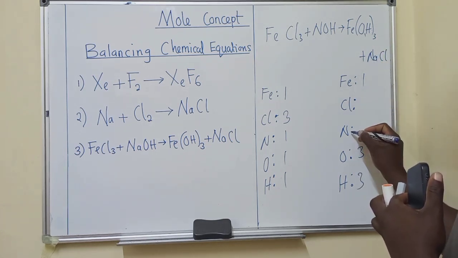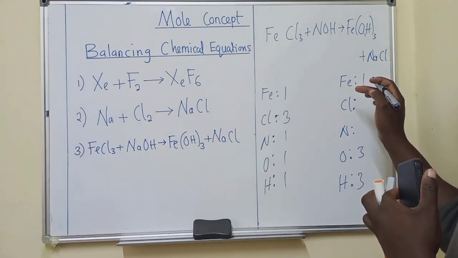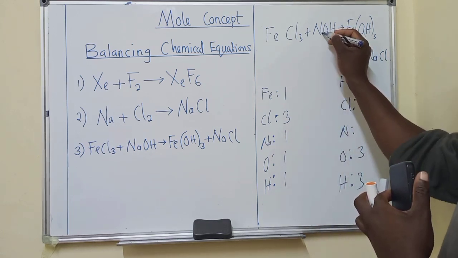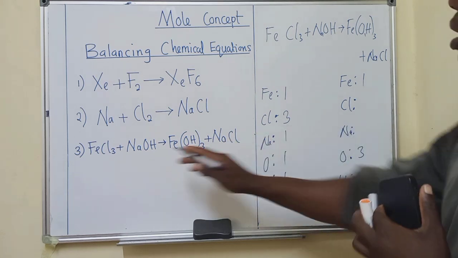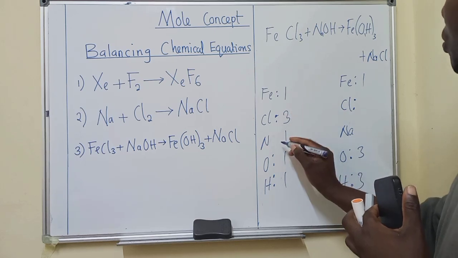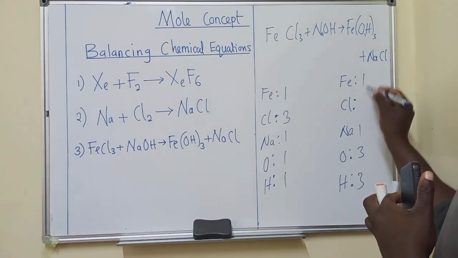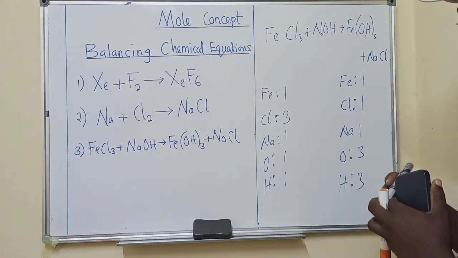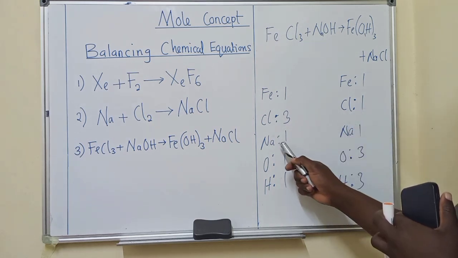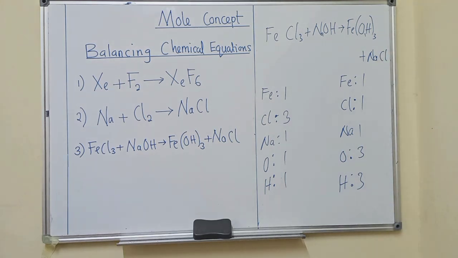Actually, this is sodium, not nitrogen, in the question. So sodium here is 1, and chlorine is 1. Fe is balanced and sodium is balanced, but chlorine, oxygen and hydrogen are not.